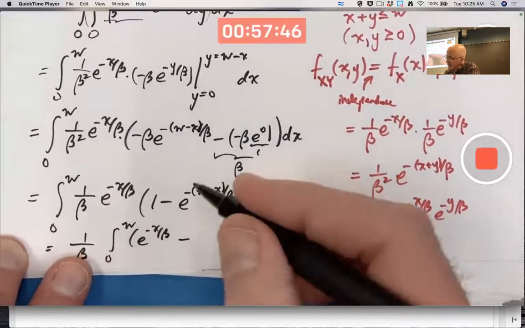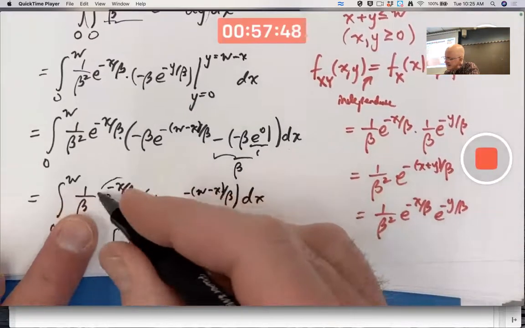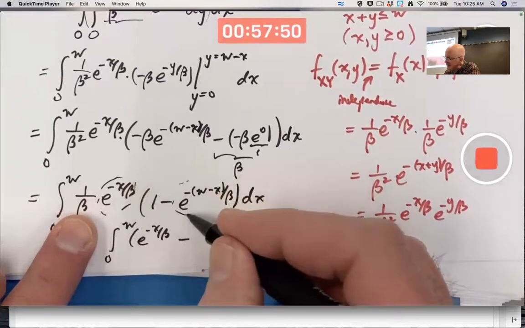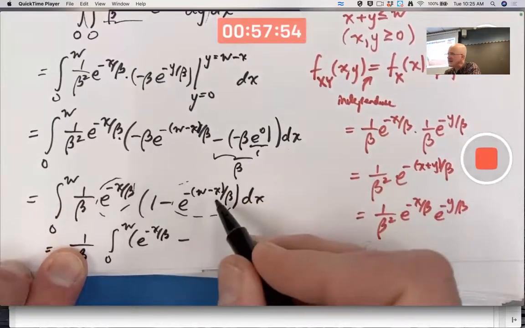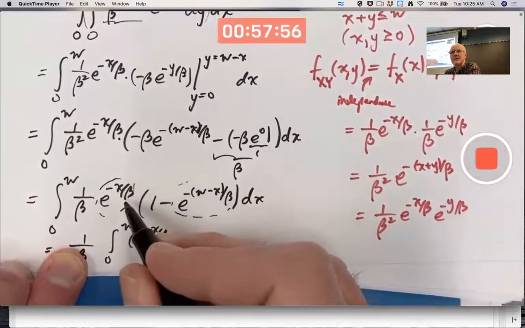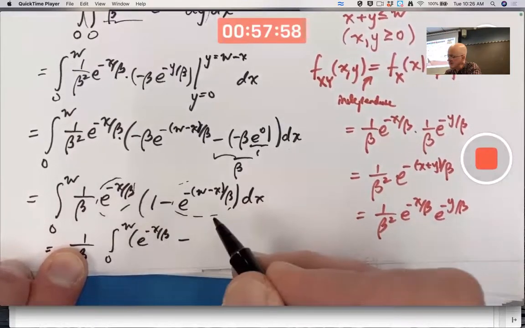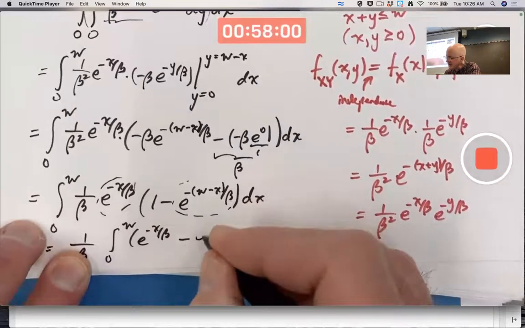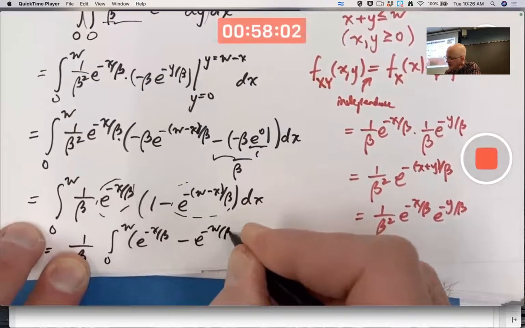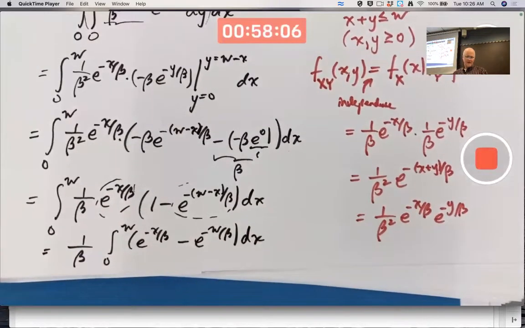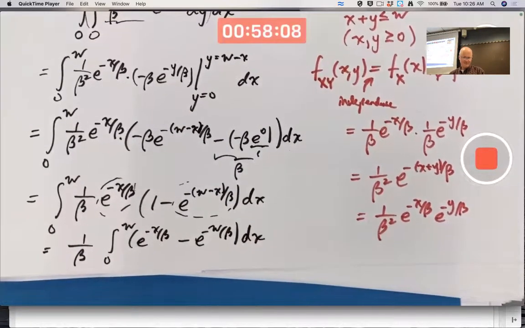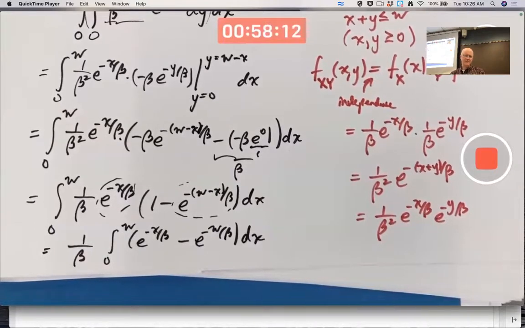If I multiply this times this, I do get a little cancellation with the exponents, because a plus x over beta cancels with the minus x over beta to give me 0. It looks like it's just e to the negative w over beta, if I have not made a mistake. So that's nicer than it would have been.